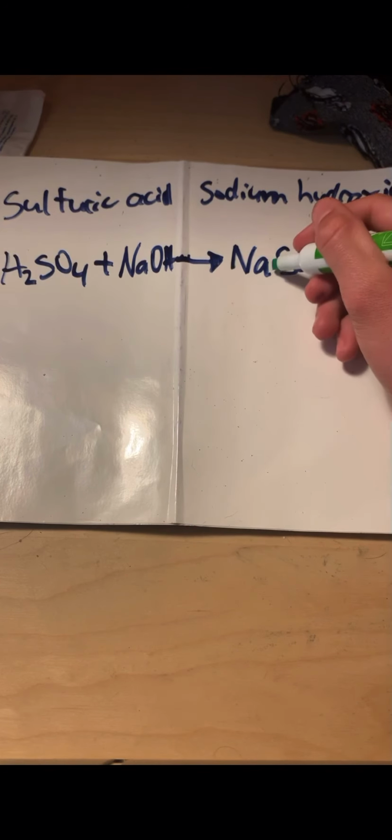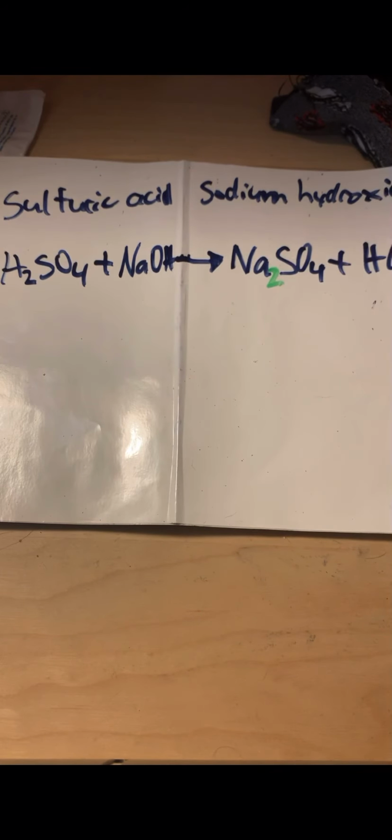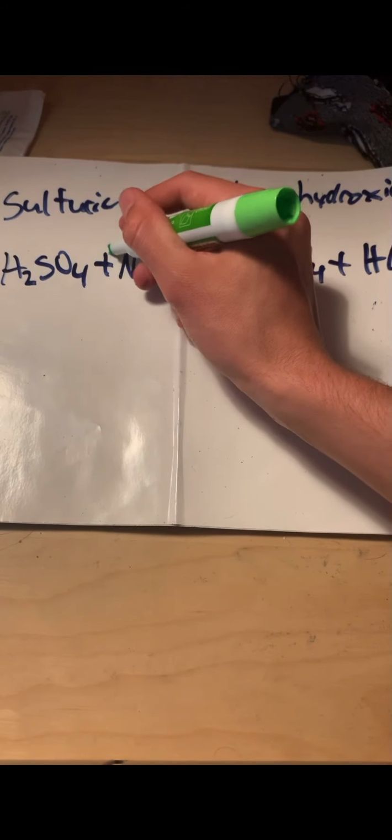And this sodium has a charge of +1. So we're going to need to put 2 of those to balance that out. And now over here, to balance this out with the other, on the first side, we're going to need to put that to make that balanced.